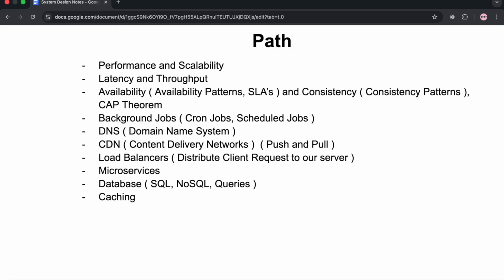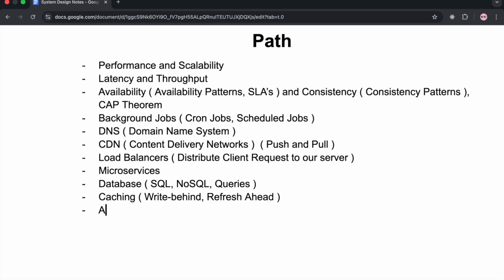In caching there are many types and many strategies, like write behind and refresh ahead. We will discuss them in detail in this course, right?